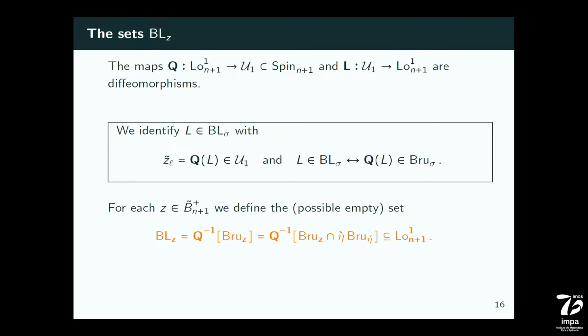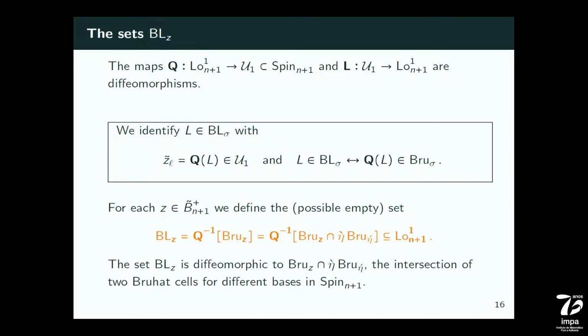And if I take L in BL sigma, we can define a matrix, finally, here in Bruhat sigma. So here now I think it's more clear that the intersections of Bruhat cells appear. How do we get this?